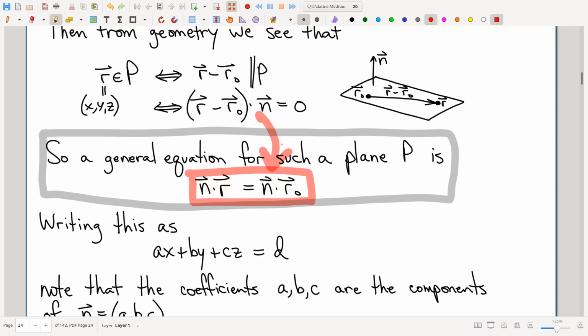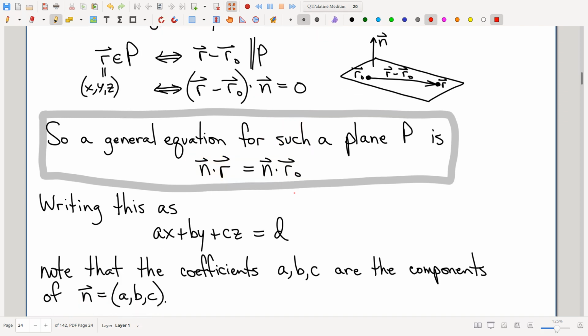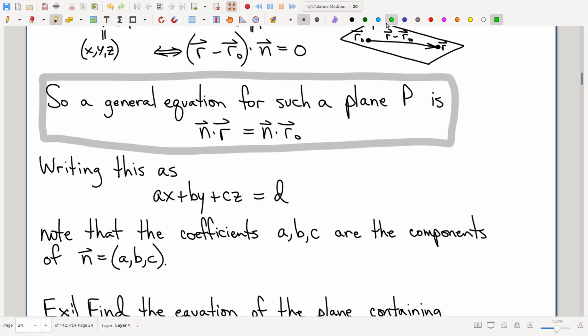And if you make the reasonable choice to represent the normal vector by coordinates A, B, C, and keep in mind that R is our X, Y, Z, then that dot product N dot R expands like that.